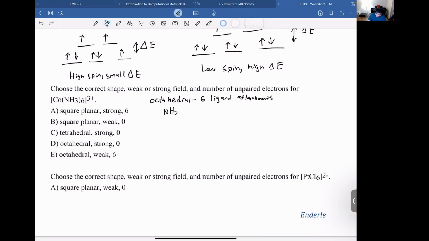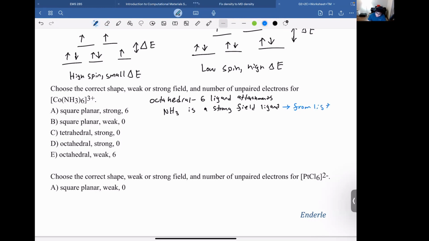If you look at your chart for the types of fields for ligands, you will see that NH3 is a strong field ligand. This is what you would get from the list.